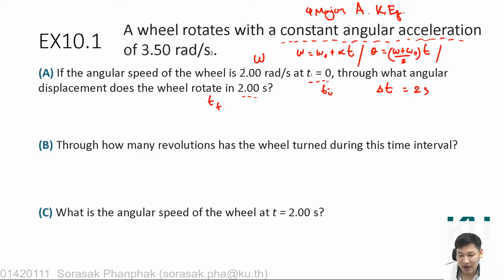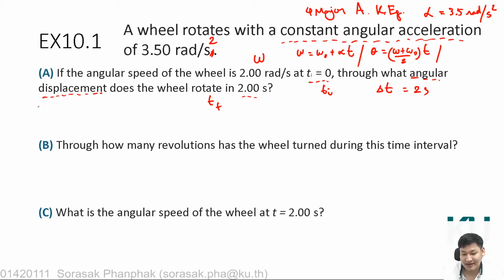So you have all this information, and you know the acceleration is 3.5 radians per second squared. So you know the information of omega, alpha, and t. If you would like to determine the angular displacement here, how can you get it? It's related to the third equation.